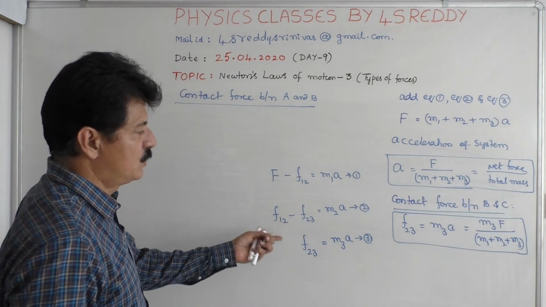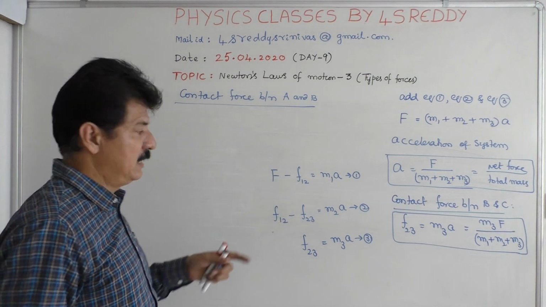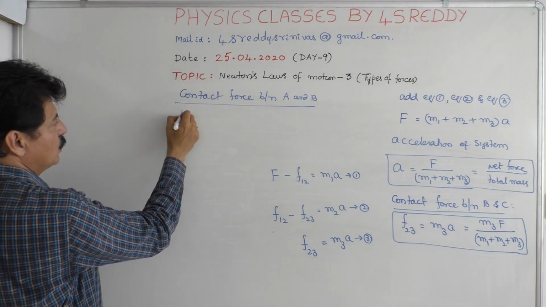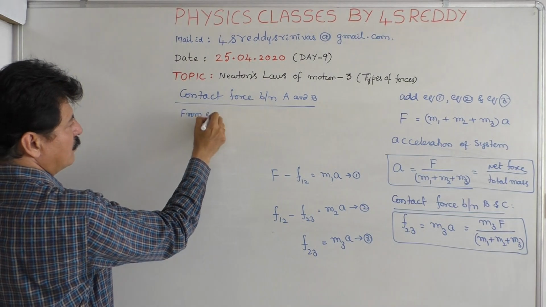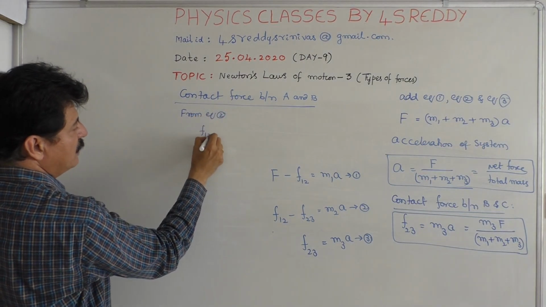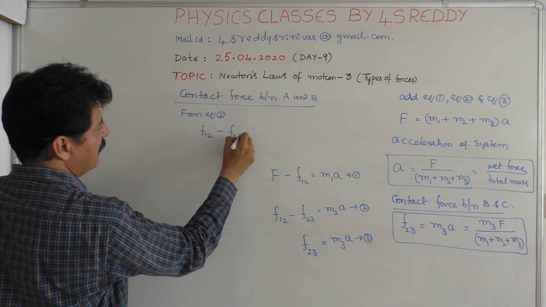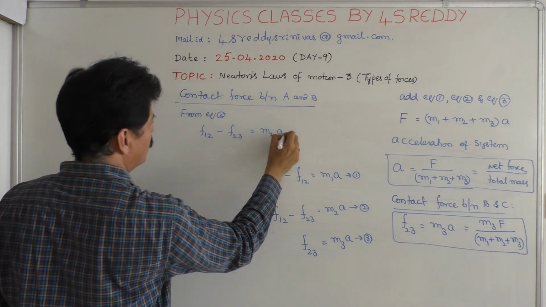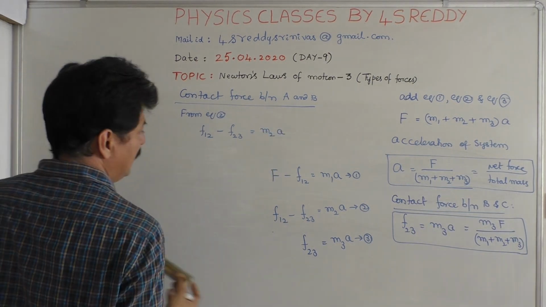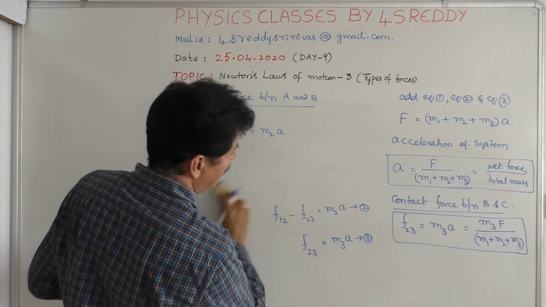From equation 2 or from equation 1 you can easily calculate. From equation 2, what you will get? F12 minus F23 is equal to M2A. But F23 is nothing but M3A only.